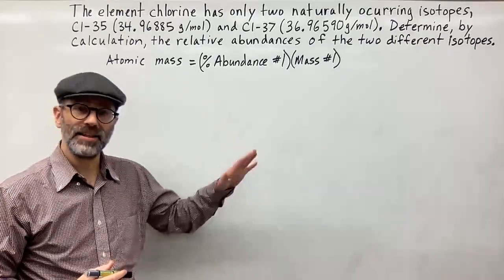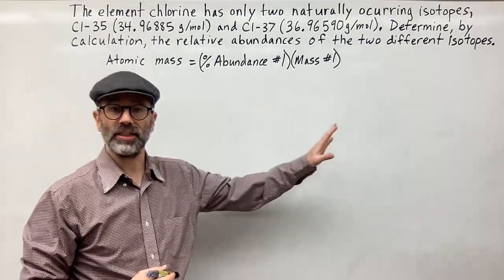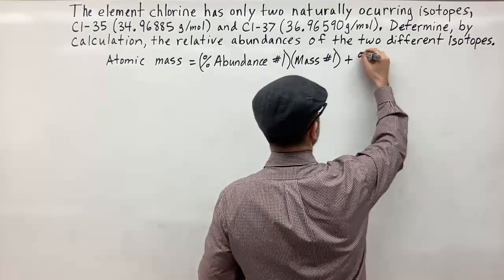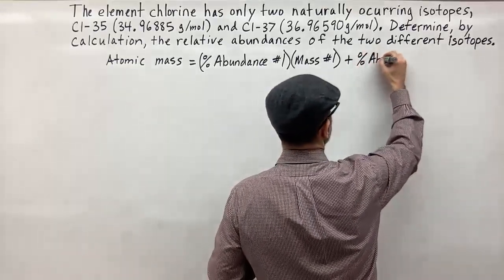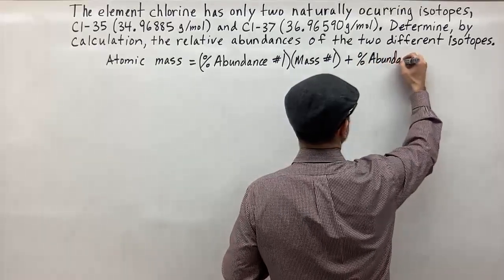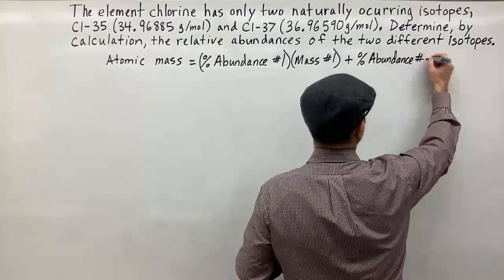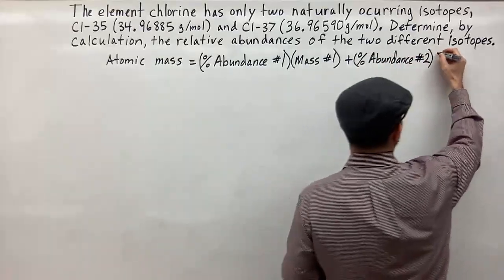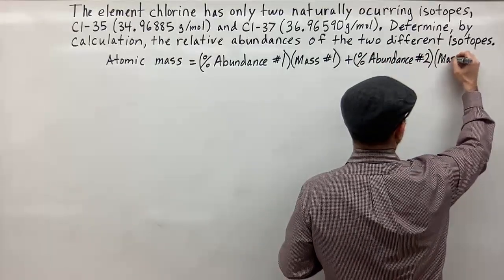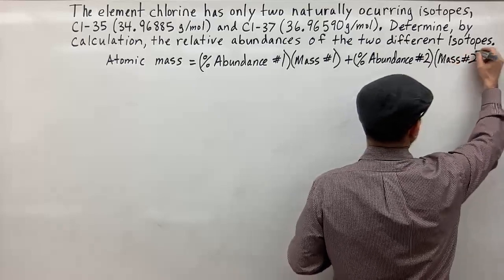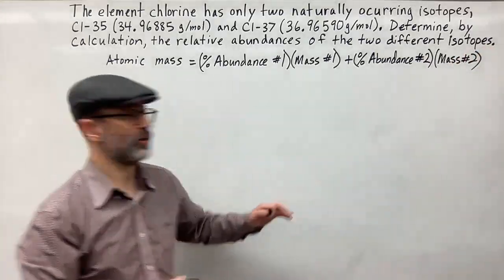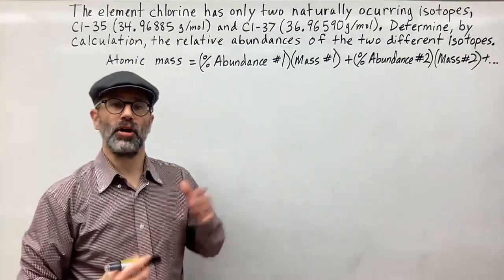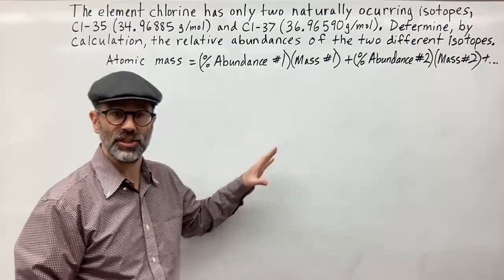And then you're going to add to that the other isotope. So for the second isotope, you'd add the percent abundance of isotope number two, multiplied by the mass of number two, and so on. Whatever number of isotopes you have, you do that for each isotope.